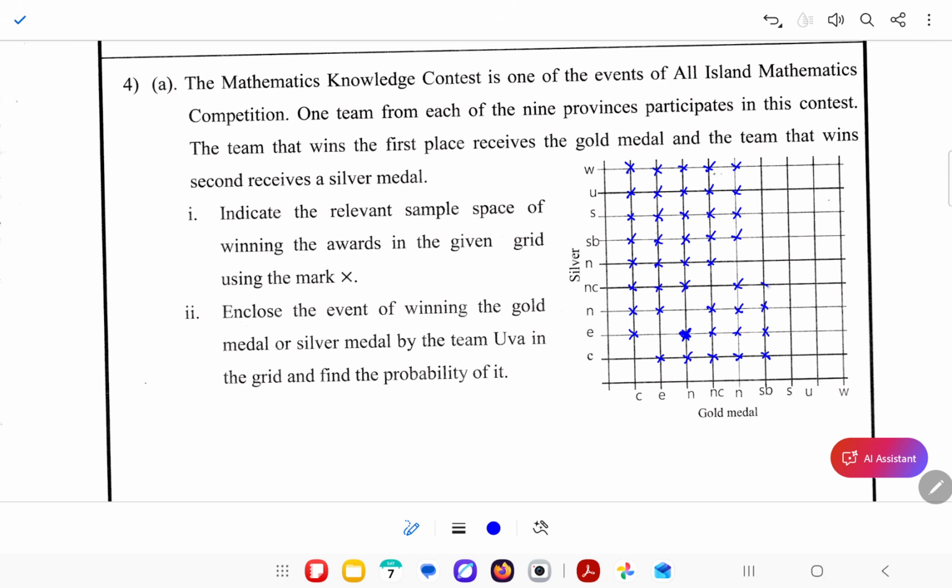So here we can't put a cross here because same province can't win what? Both gold and silver. Right, so that is the sample space.